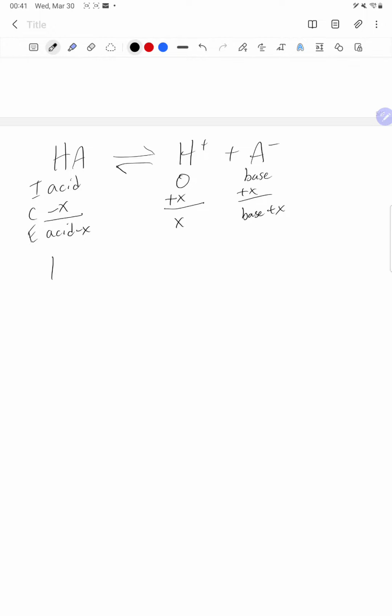Typically speaking, the Ka value is pretty small. They write it like this. It's pretty small. And when it's very small, then taking a relatively big number and subtracting a tiny number from it doesn't really change anything. This is still approximately what you started with, and this is still approximately what you started with, because you can kind of ignore x.